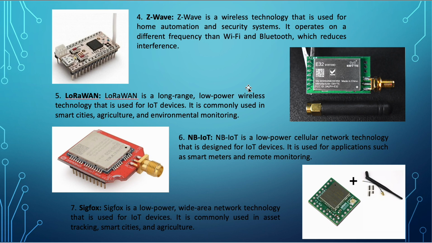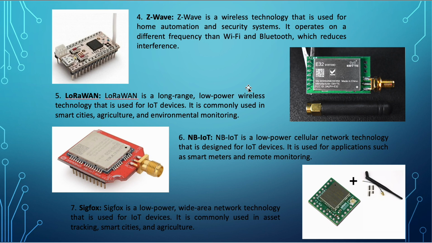Automatically the data will be transferred into the cloud, right? The calculations will be done and you will receive an email or a message on your phone: this month's bill is this much. NB-IoT allows that because it's a low power cellular network technology. That means we have cellular connectivity around Sri Lanka.